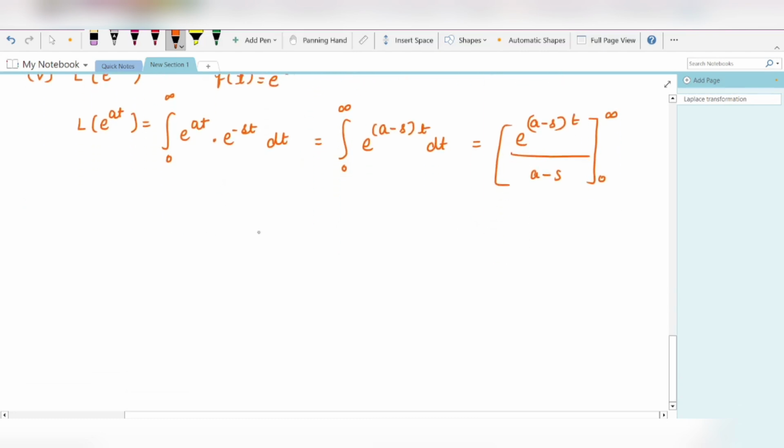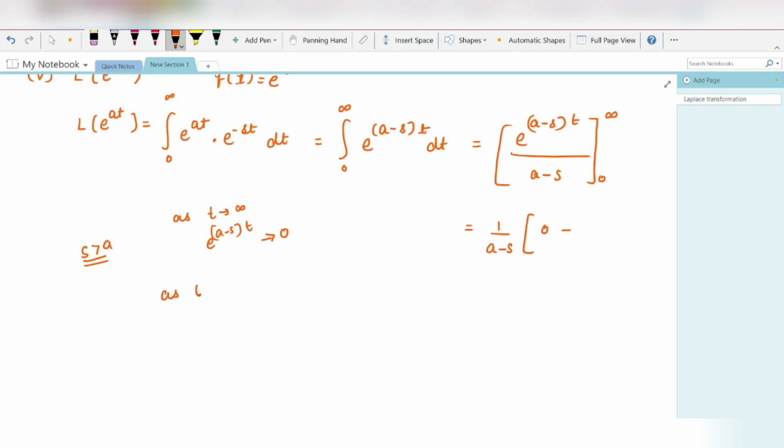So now to evaluate the limit, as t tends to infinity, e raised to (a minus s) t will tend towards 0, as we have s greater than a. Because s is greater than a, e raised to (a minus s) t is tending towards 0. So the first term will give us 0 minus.